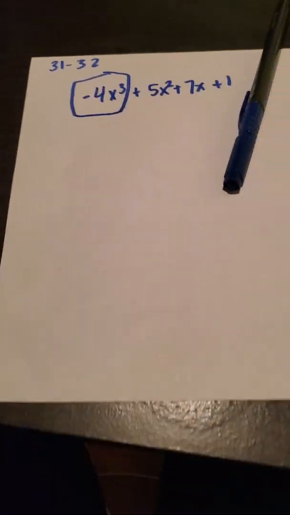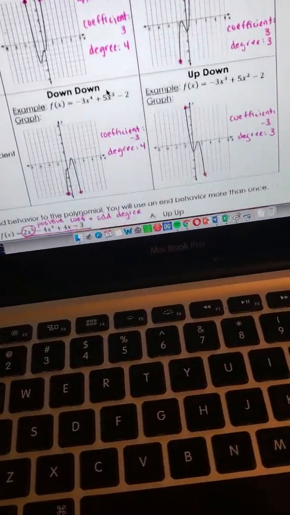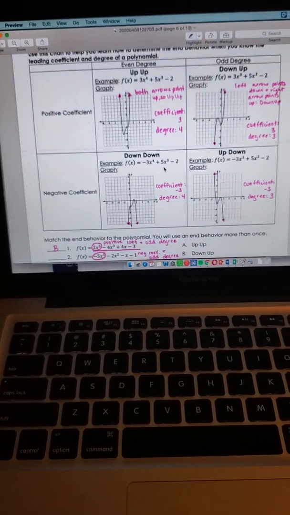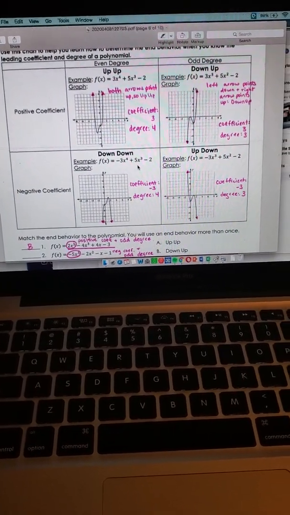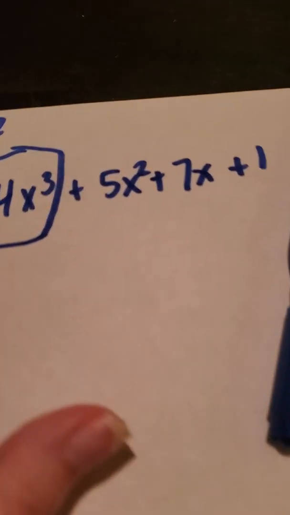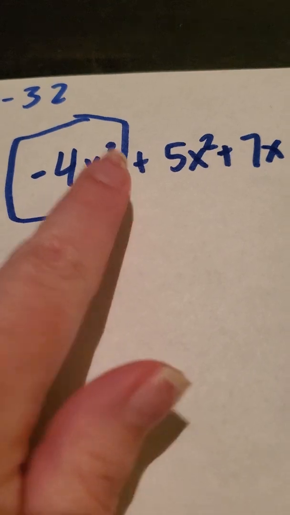I also have for you on your NTI paper this chart here. So I'm just going to show you how to do that, looking at the one that we just used. It had a negative coefficient and an odd degree.